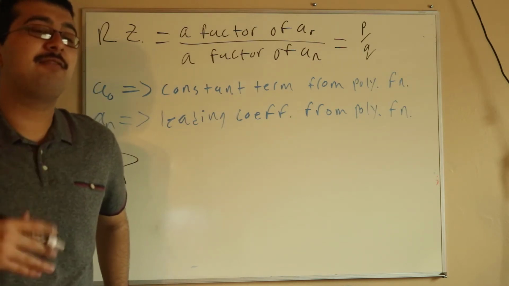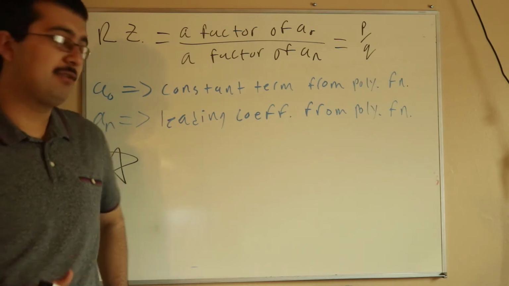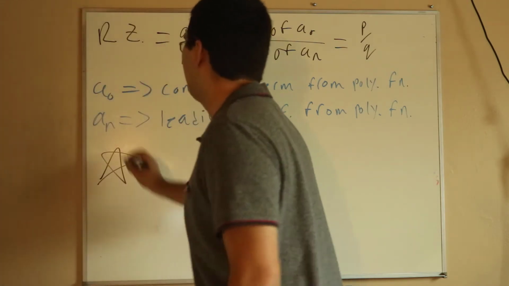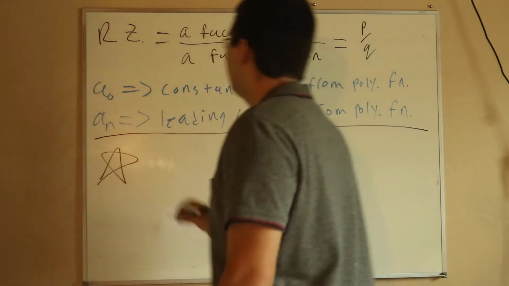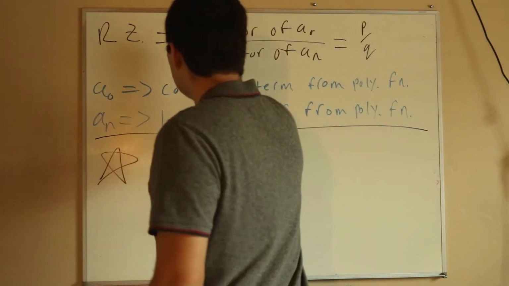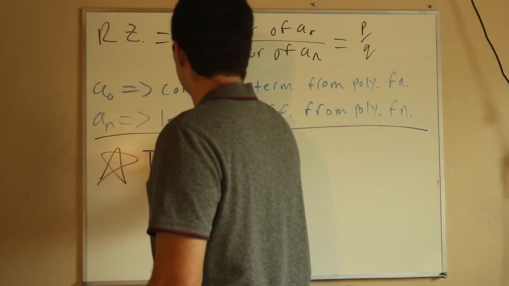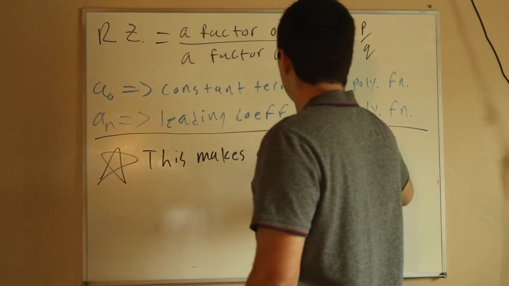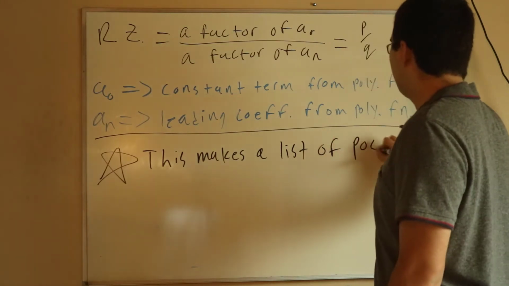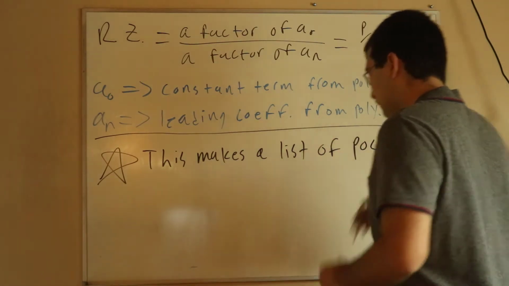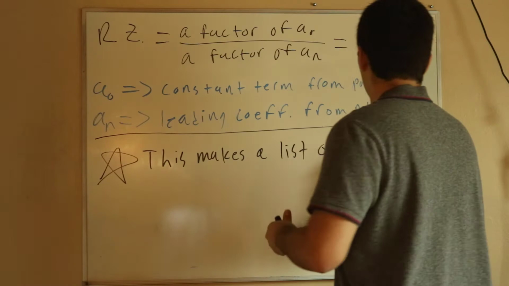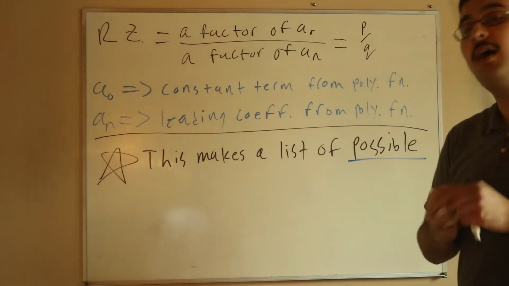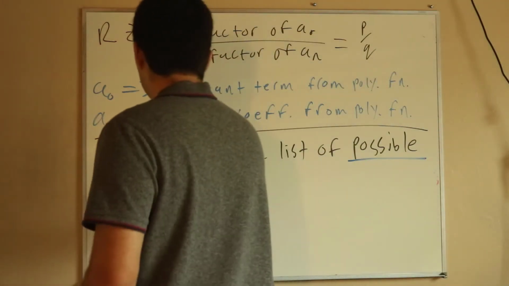It is not the list of the actual rational zeros. So this above line makes a list of possible rational zeros.